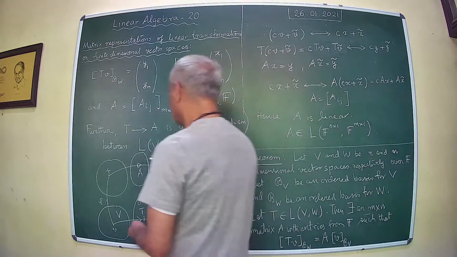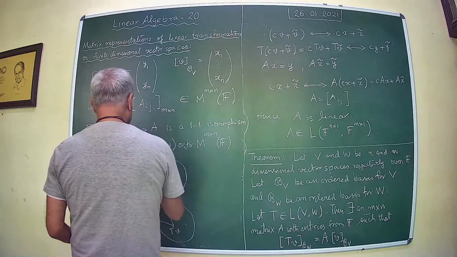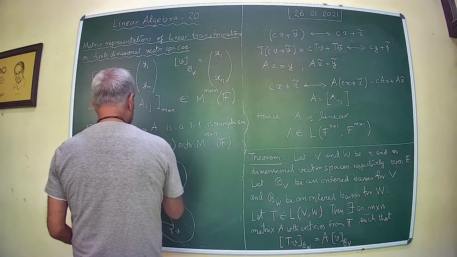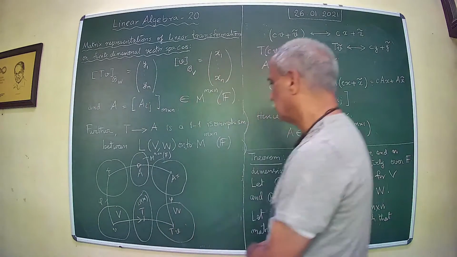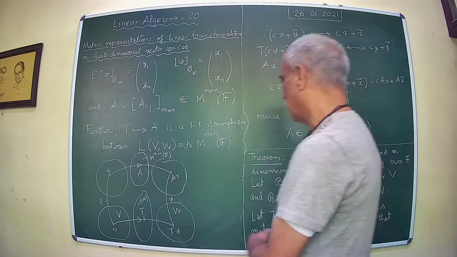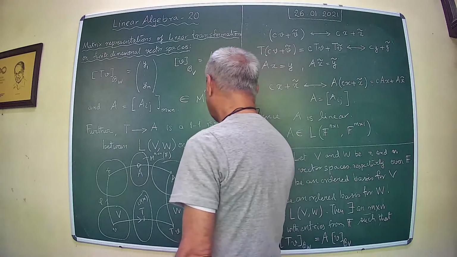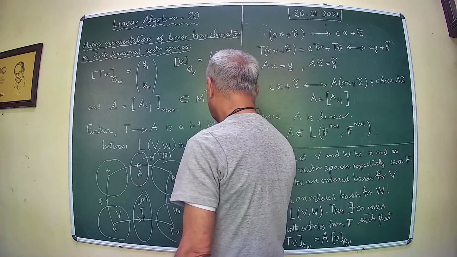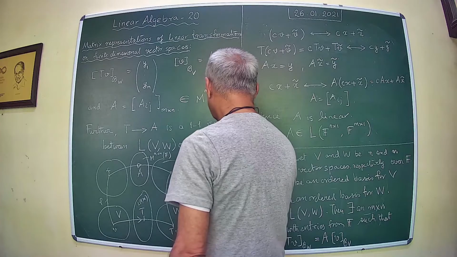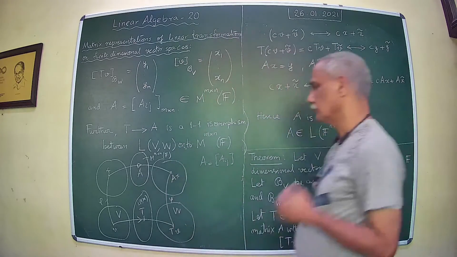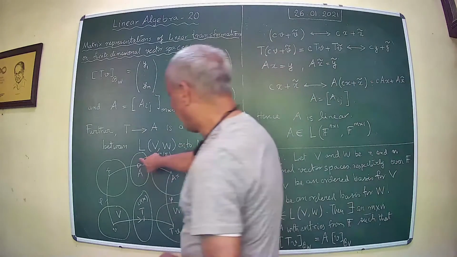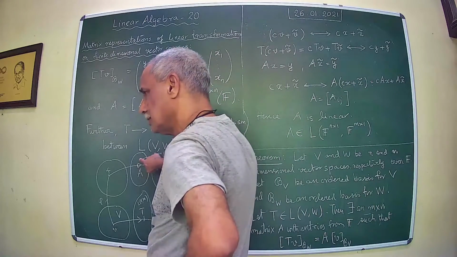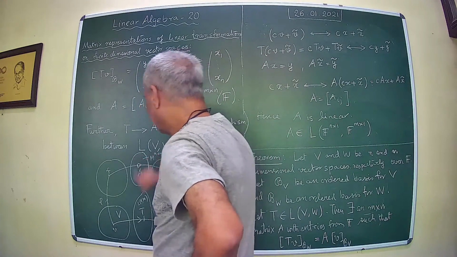So let me denote this by A equal to (aij). Now what you have is that given A, there is a corresponding T.